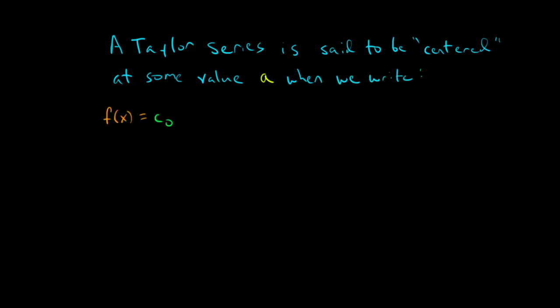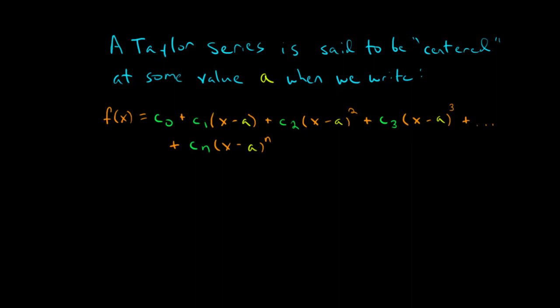F of x equals c sub 0 plus c sub 1 times (x minus a) plus c sub 2 times (x minus a) quantity squared plus c sub 3 times (x minus a) quantity cubed, and so on. We're essentially translating the series by a. Okay, so in that sense it is centered at a.